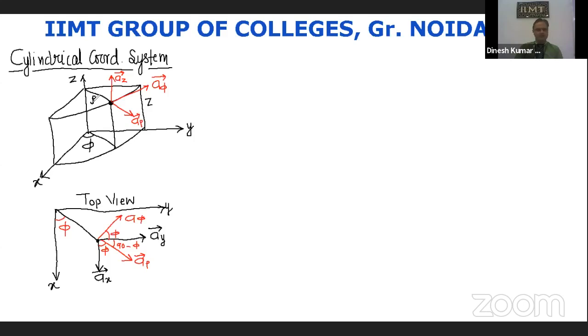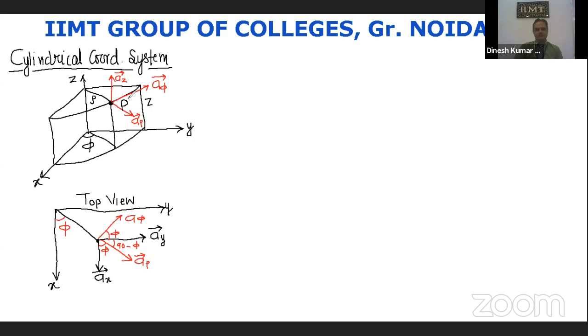It is represented with the variable z, and it represents the height of point P. Here it is, point P. So the coordinates of this point P are rho, phi, and z.